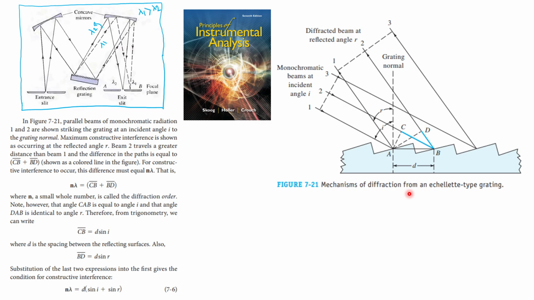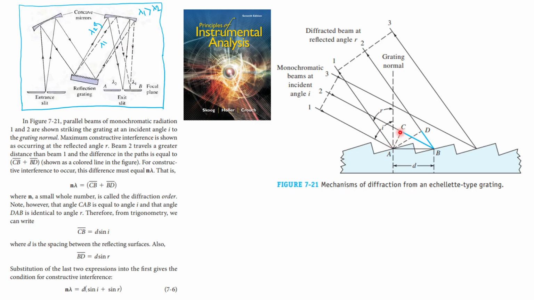Now see what they are discussing here. In figure 7-21, parallel beams of monochromatic radiation 1 and 2 are shown striking the grating at an incident angle I to the grating normal. Then maximum constructive interference is shown as occurring at the reflected angle R. Beam 2 travels a longer path length than the first beam.